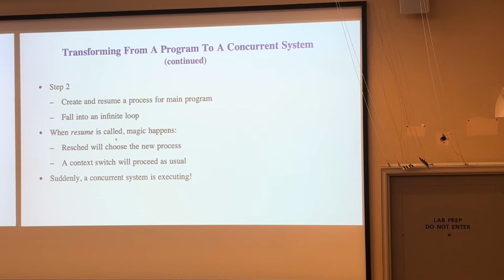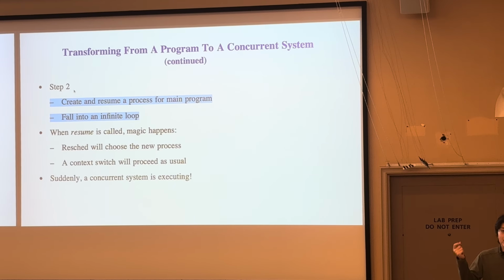Yeah, so after that, we can create and resume a user process for the user program or the main program, and then the OS can take over and schedule the main program to be executed. Right?